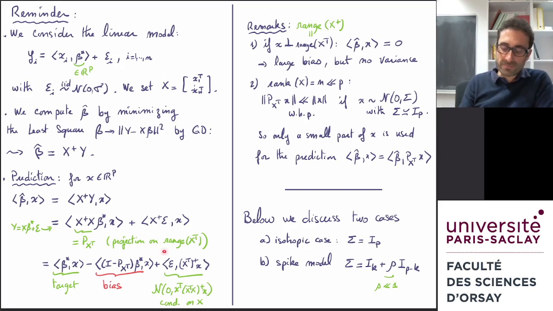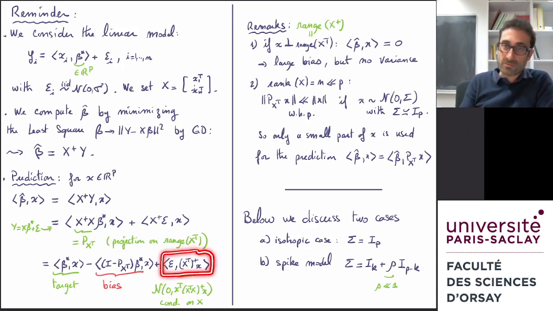Then you have a third term, which corresponds to the noise term, so it depends on epsilon. So it is epsilon scalar x; you can take X plus on the other side, so you have x scalar epsilon times X transpose plus X. This will be a Gaussian distribution because you take a linear transform of epsilon, which is a Gaussian vector.